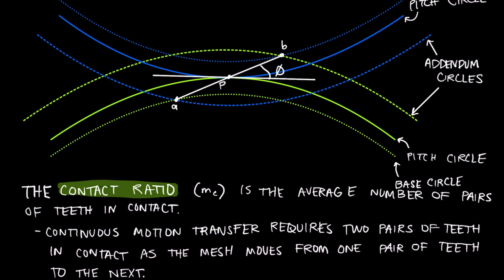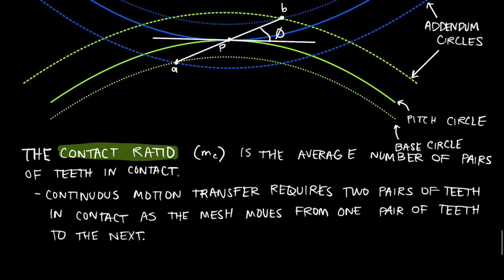Alright, so our contact ratio is the average number of pairs of teeth in contact. When one pair of teeth is in contact, as we move from having that pair of teeth in contact to the next pair of teeth in contact, we're going to need to have, at least for a very brief period of time, both of those pairs of teeth in contact at once. Otherwise, if we have instead a gap of time where there's no teeth in contact, then that can cause some dynamic impact forces between the next two teeth when they do finally make contact with one another.